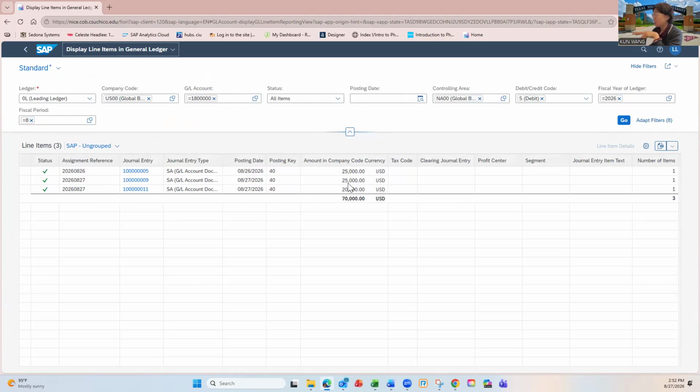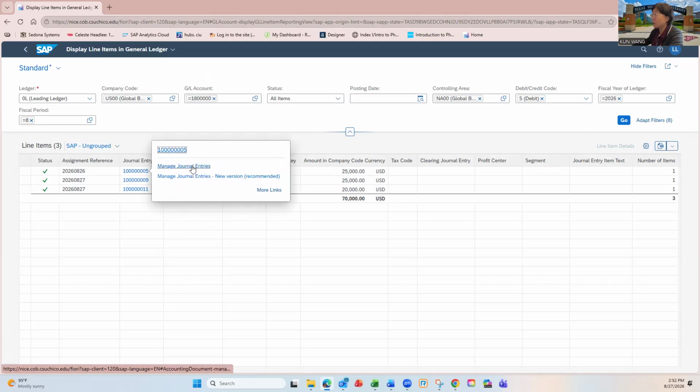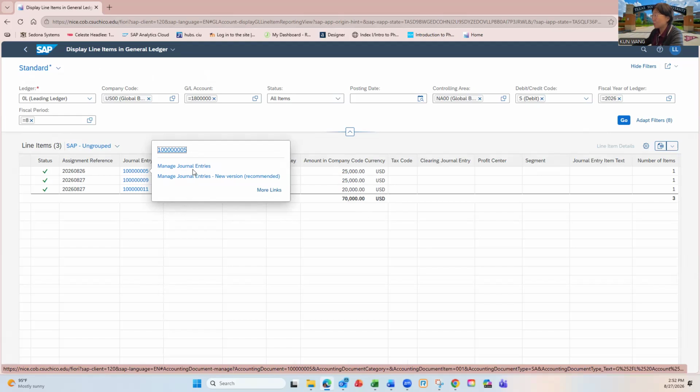So you probably have 45,000. Okay, that's what I'm guessing. I did this twice, so my debit number is larger than yours. If you continue to drill down to the journal entry we have made, that helps you recall. And that's the way you can manage your journal entry log or review.